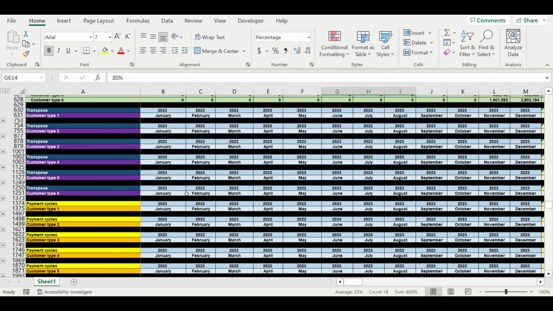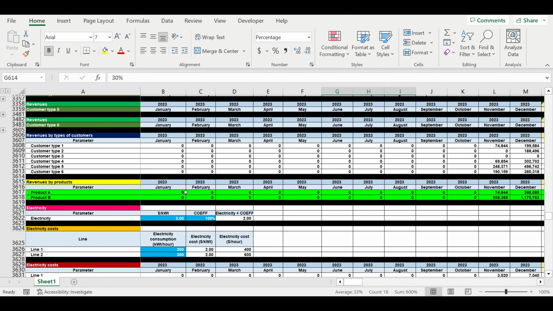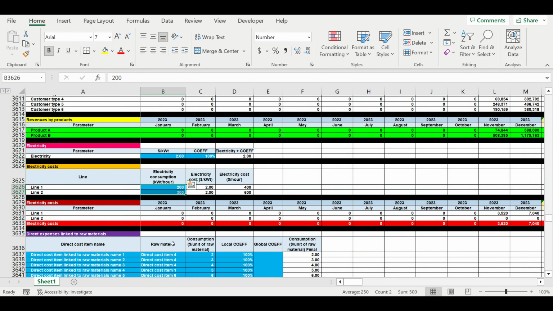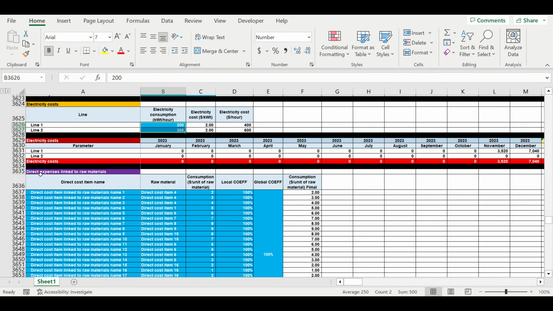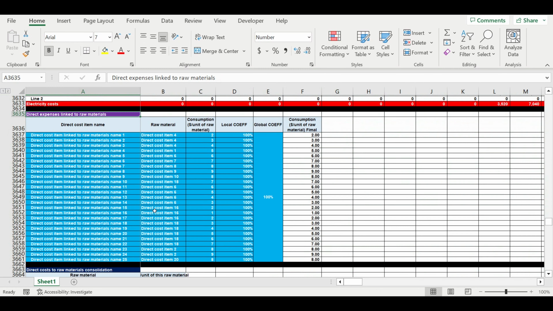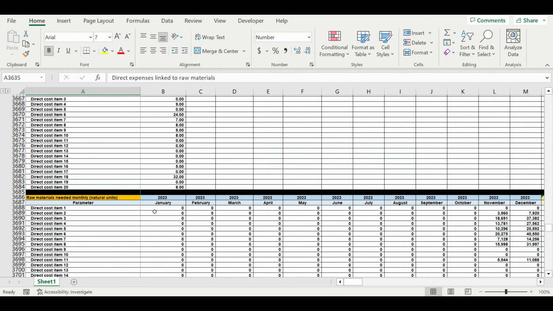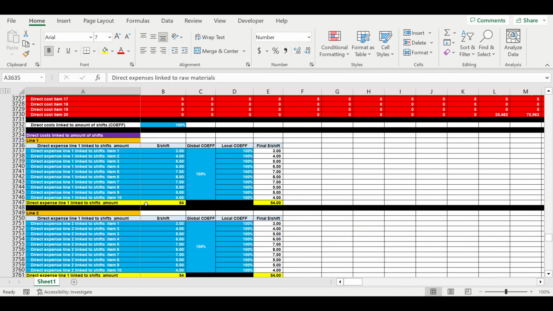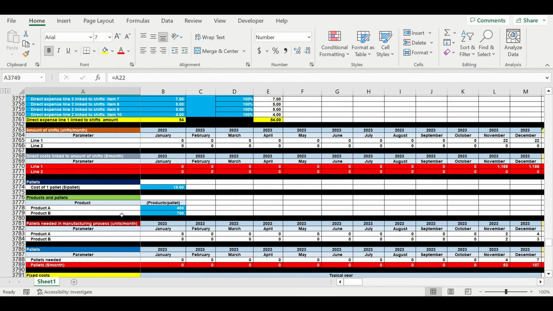Then we moved to other direct costs like electricity, or the direct expenses which are linked to the amount of raw materials which play part in a manufacturing process. Then we touched direct costs which are linked to the amount of shifts monthly, linked to line 1 and line 2 separately. Then we were talking about packaging costs, pallets.